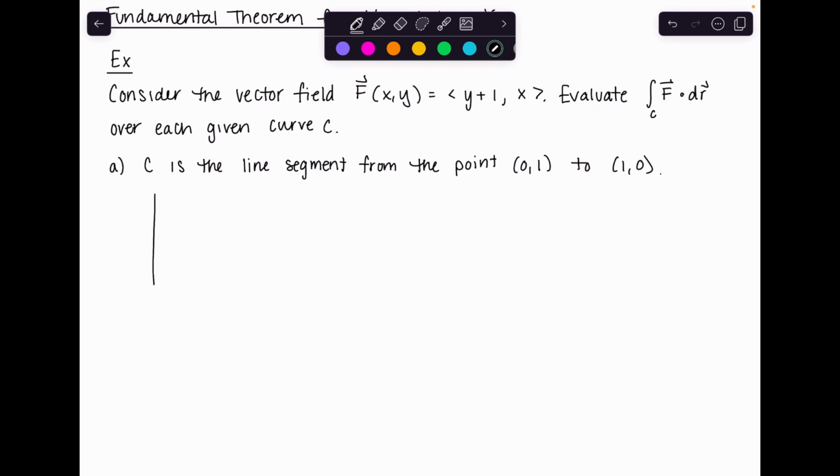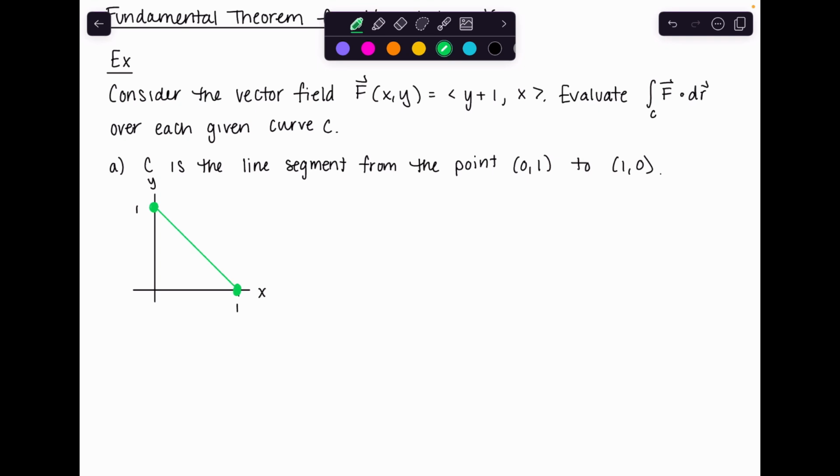So with this one, I'm going to go ahead and draw our curve C first. So we're starting at the point (0, 1), which is up here, and going to the point (1, 0).